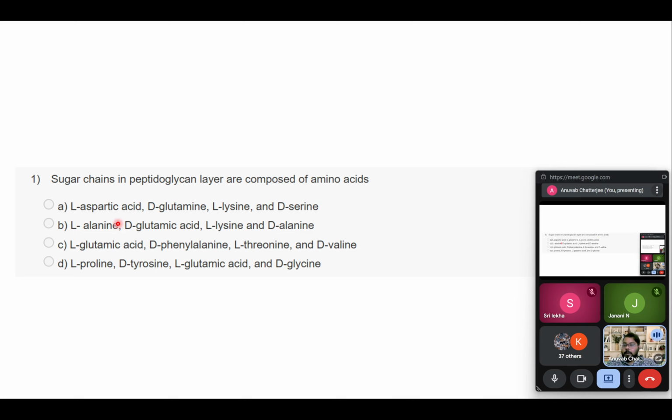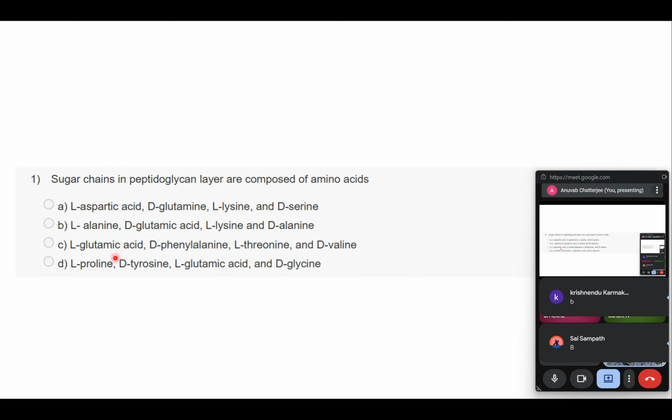The options are: A, L-aspartic acid, D-glutamine, L-lysine, and D-serine; B, L-alanine, D-glutamic acid, L-lysine, D-alanine; C, L-glutamic acid, D-phenylalanine, L-threonine, D-valine; D, L-proline, D-tyrosine, L-glutamic acid, and D-glycine.